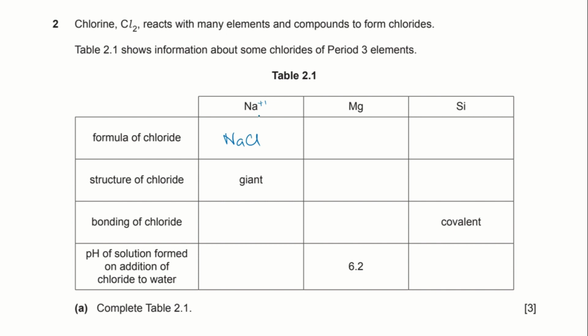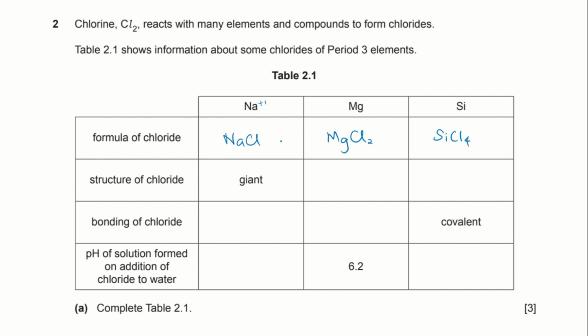Chlorine in group 17 will need 1 electron from sodium to achieve octet, so they form a +1 and -1 ionic compound. So NaCl is the formula. Magnesium in group 2, so we need 2 chloride ions. And silicon group 14.